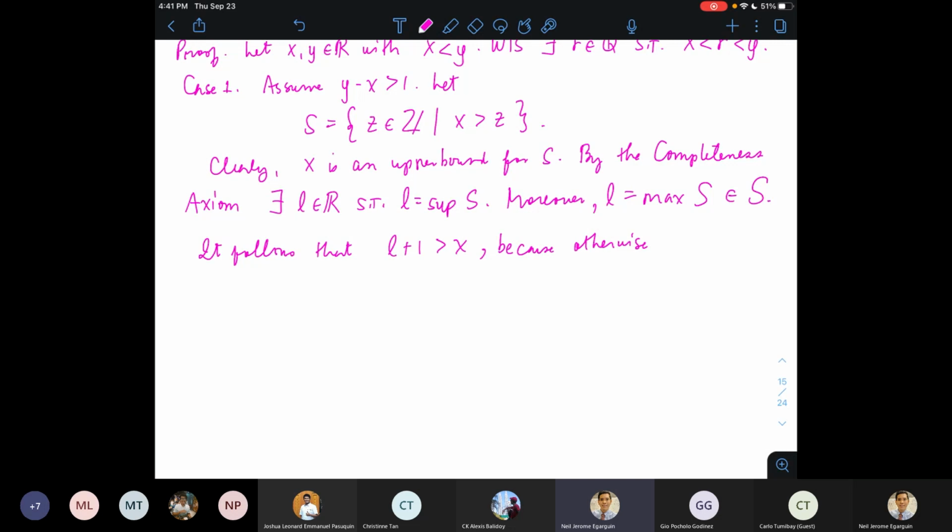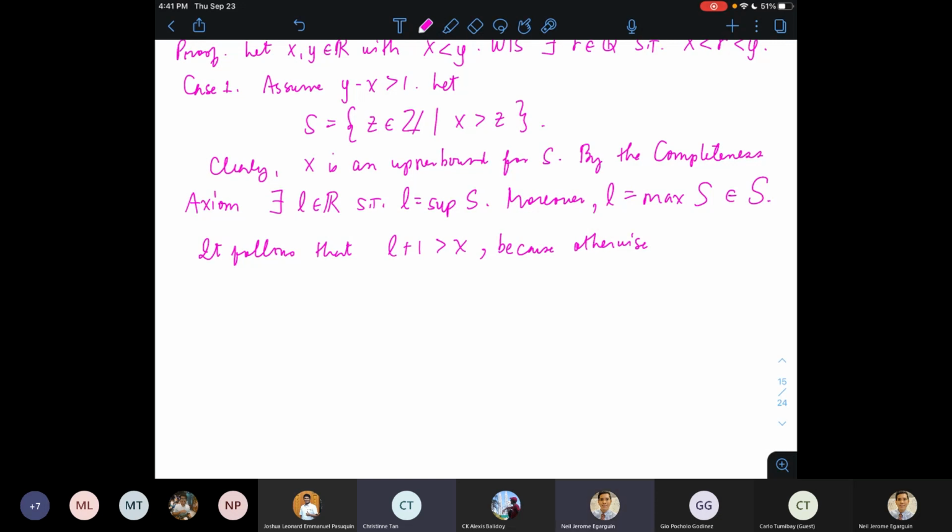Okay, meron ba nang nag-attempt? Christine, yeah, I think I saw you unmute yourself. Ano po, sir? Kasi po kapag yung L plus 1 is less than or equal to X, edi ibig sabihin po yung L plus 1 po is also element ng set S. Eh di ba po nagsabi po tayo na si L ay ang maximum or yung least upper bound ni S. So therefore, contradicting po siya kasi po may L plus 1 po pala na nag-exist sa set S. Ayun po.